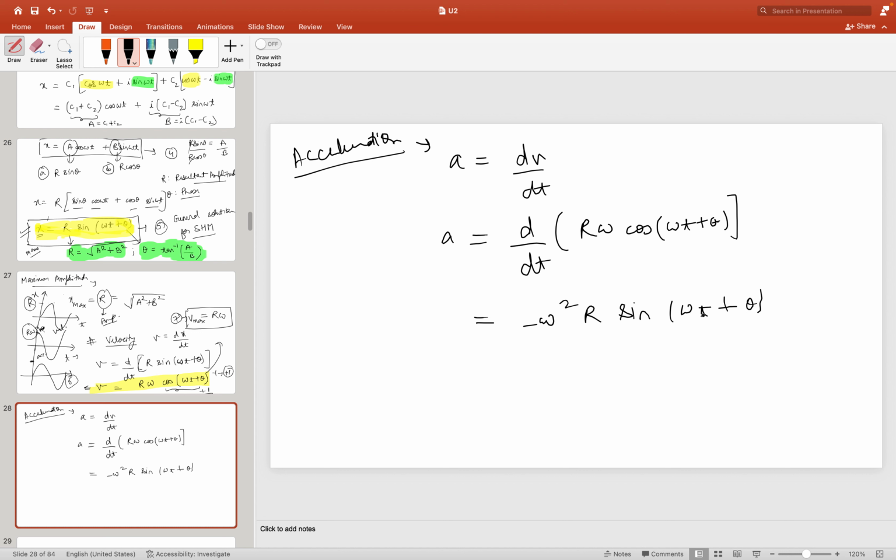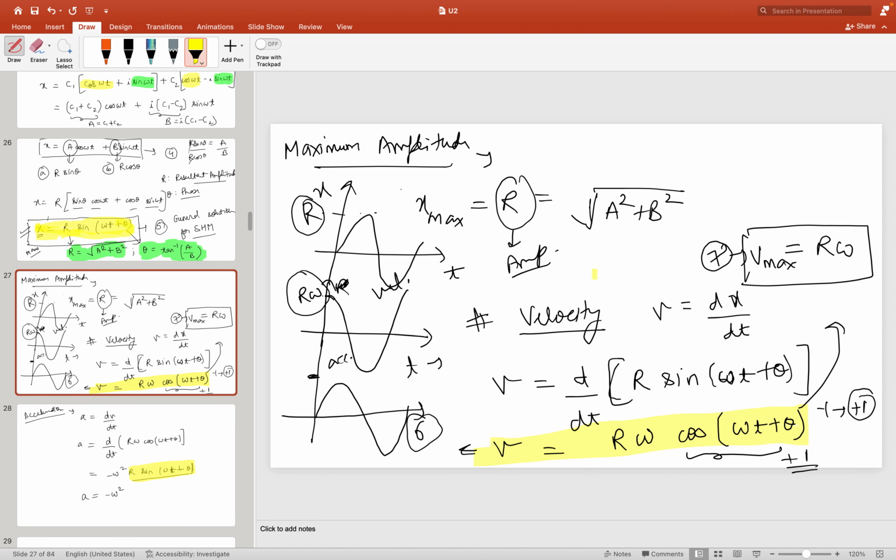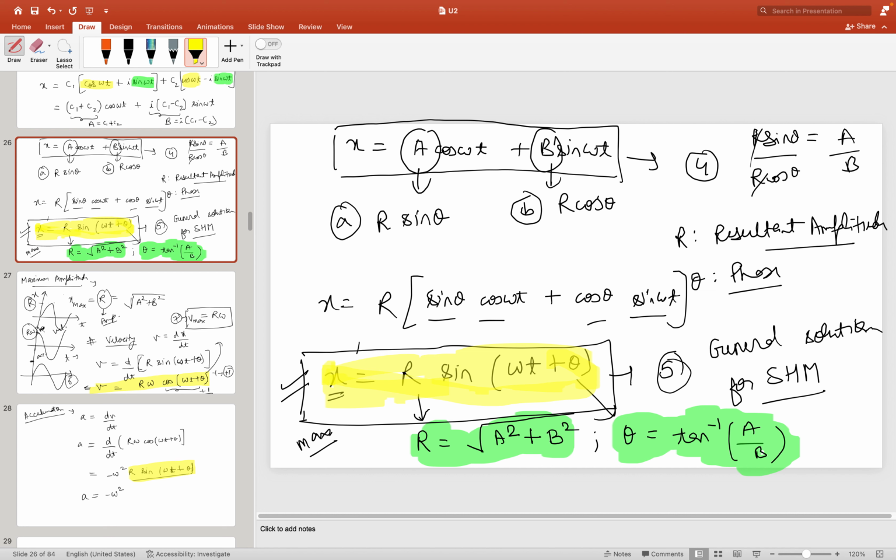So I can further write it in terms of displacement, right? Can I further write it in terms of displacement now? Yes, ma'am. How? Tell me. Minus omega square times x, because R sine omega t plus theta, we already saw, is equal to the x value.